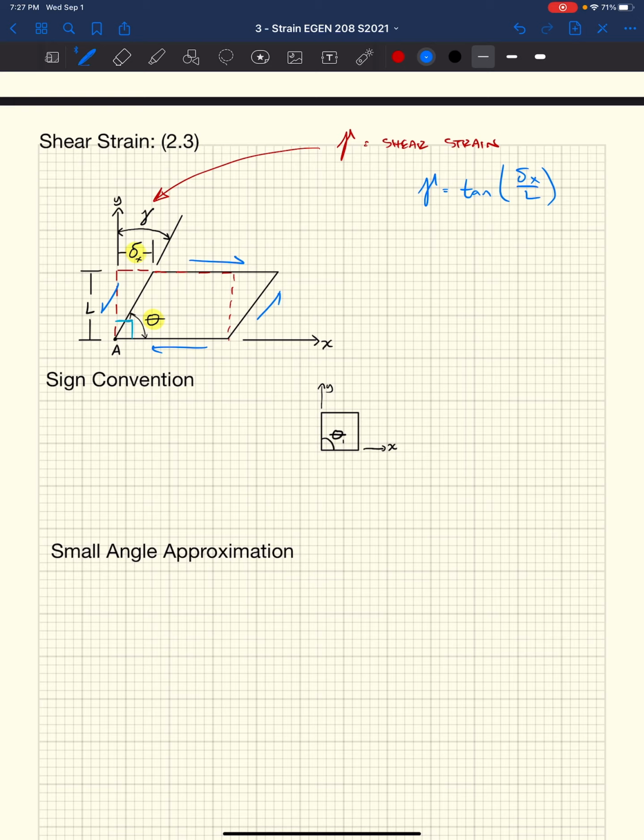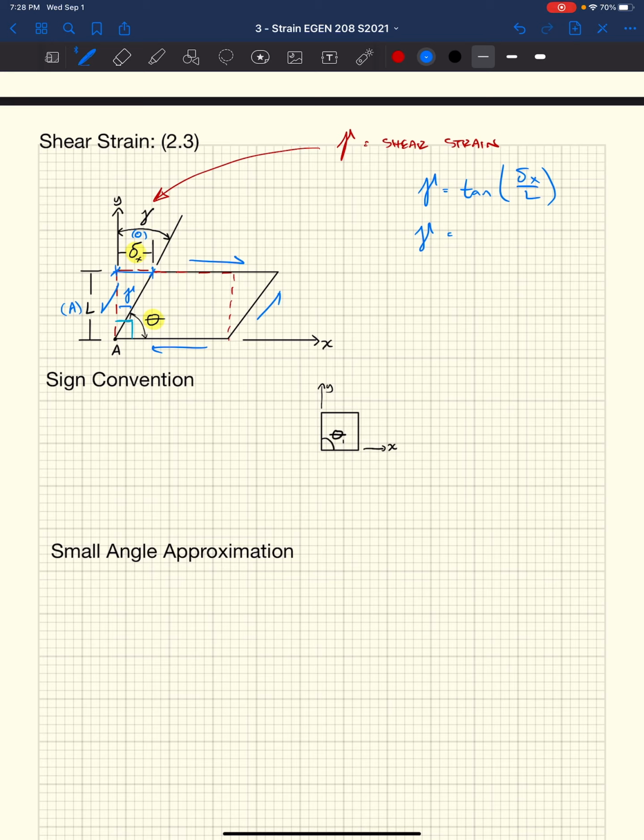So the distance of this triangle over the length it was of that side that rotated. As you can see from the equation, the tangent, opposite over adjacent, delta over L in this case, that'll give us this angle, which is gamma.